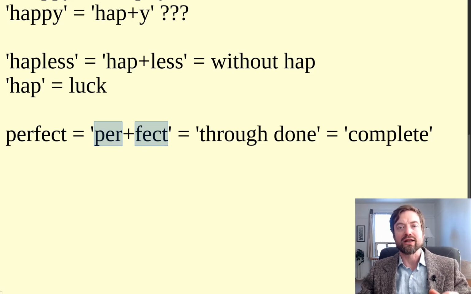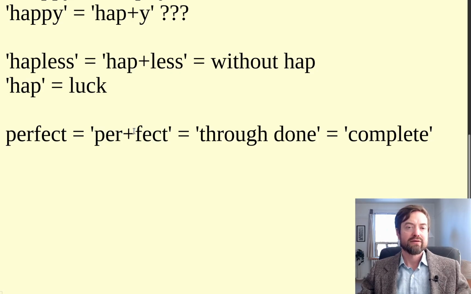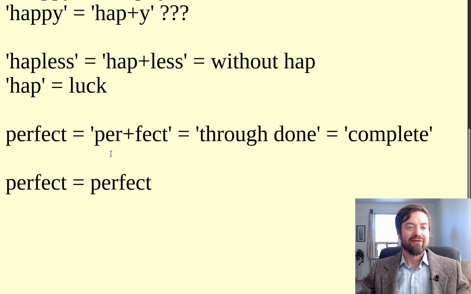You can see that words like this have a history of where they came from, and they originally were composed of these different pieces. These were two different morphemes in Latin, but that distinction is now lost, and so the word perfect is now only a single morpheme. In other words, perfect equals perfect. And it's all just one piece. And that's what we have now.